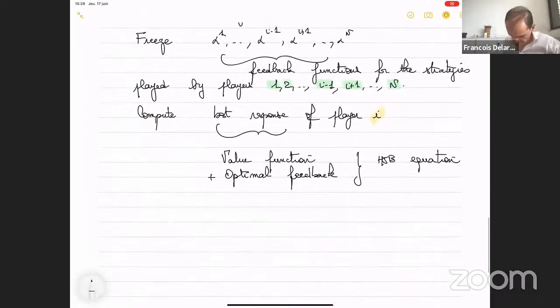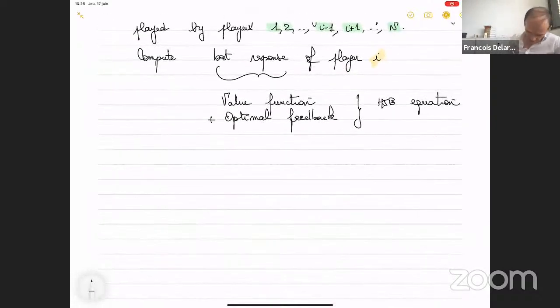And so the HJB equation that you get is dt u^i. You have to pay attention that the value function here, this is a function that depends on all the states in the system.